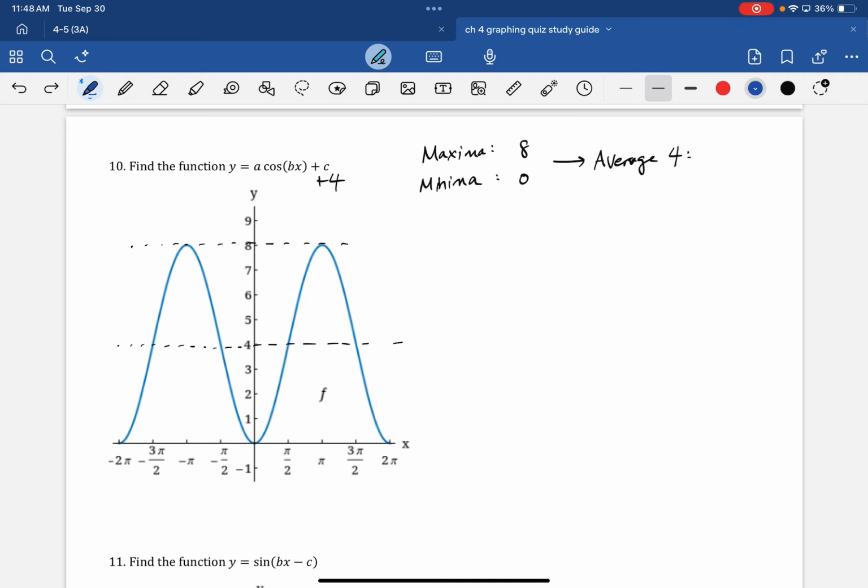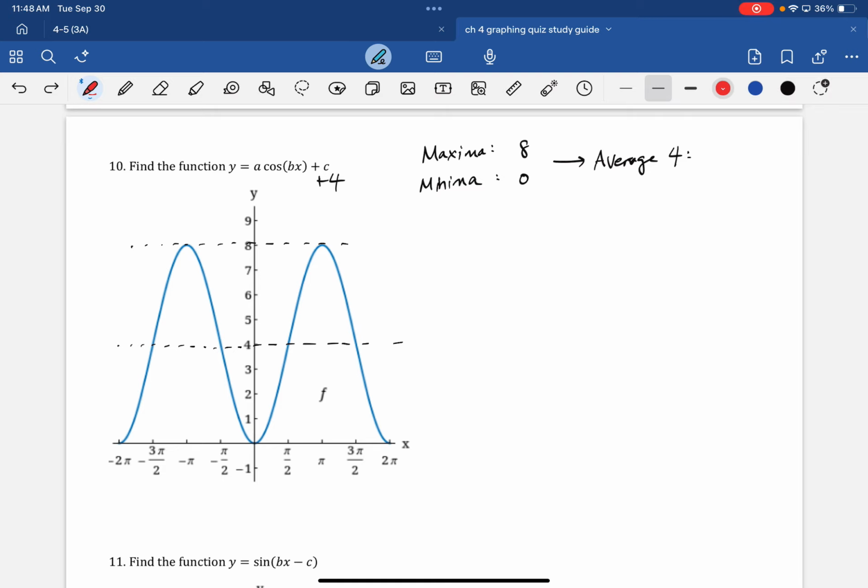Okay? So that tells us that A must be 4, okay? Or negative 4. And the trick is having to determine whether it's 4 or negative 4. In this case, we know it has to be negative 4, okay?